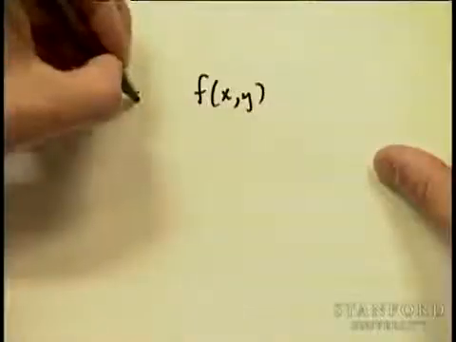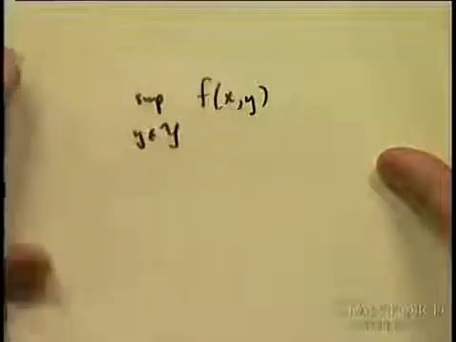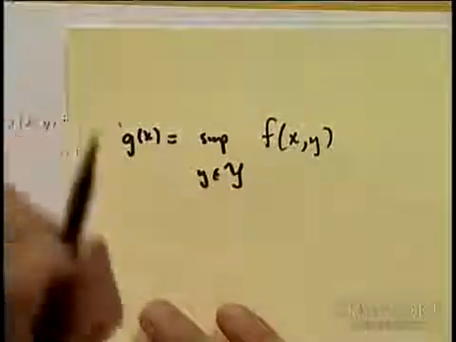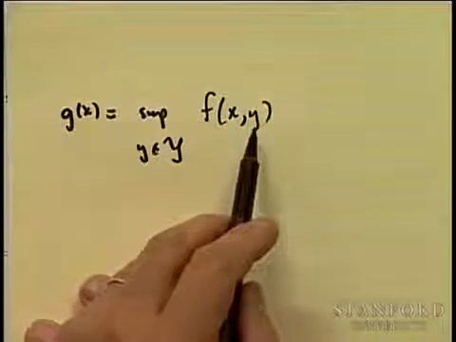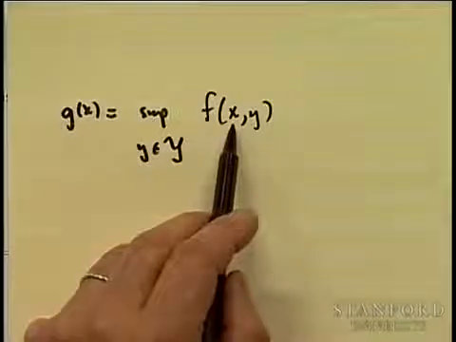Everyone know what I'm talking about here? If I have a function of 2 variables, f of x, y, and I look at the supremum over y and define that as g of x, the only requirement for convexity of g is that for each y, this function is a convex function of x.